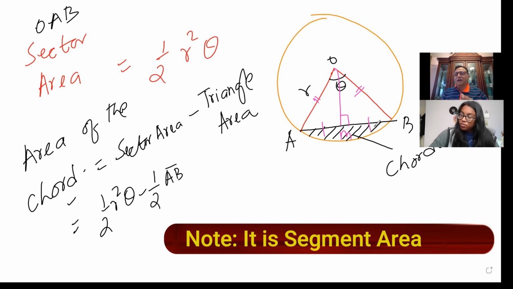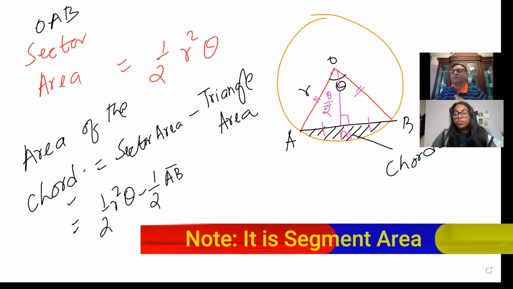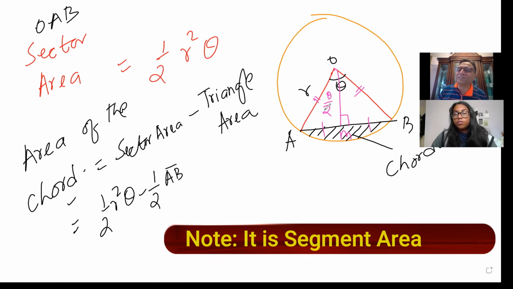So we have a right angle, and definitely this angle will be theta by 2, because it's an isosceles triangle and the altitude divides it into two congruent triangles. So we have an angle of theta by 2 there. This is the point M, which is the midpoint, since these are congruent triangles.